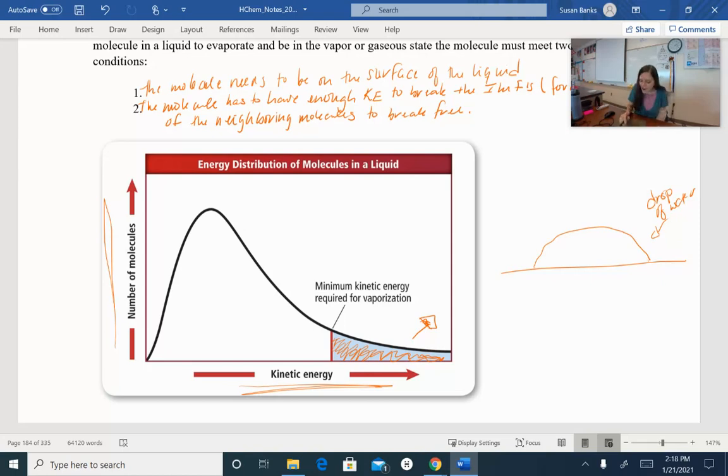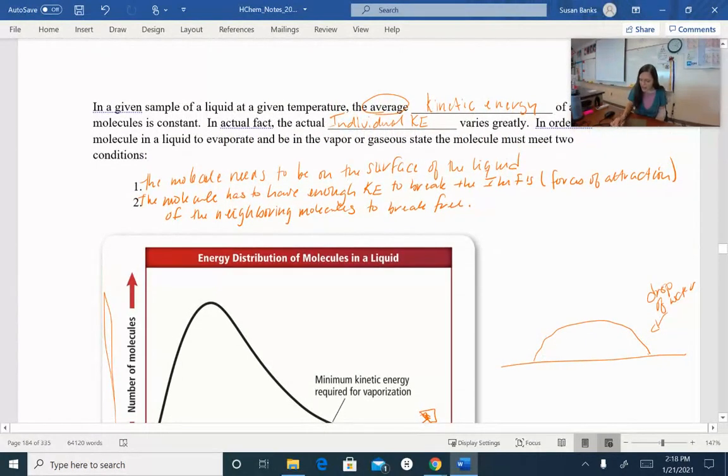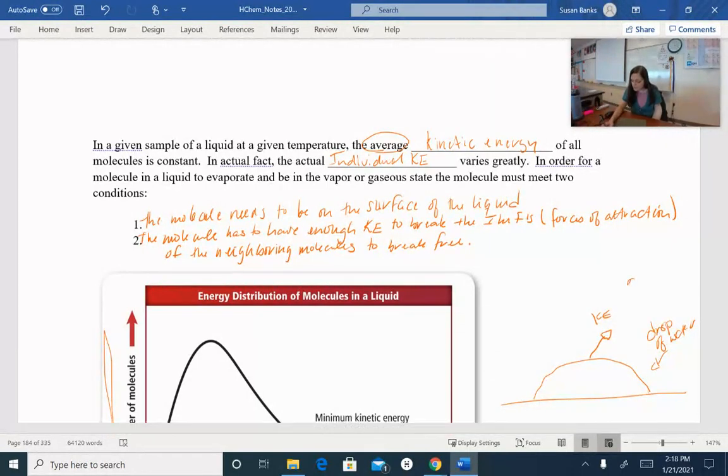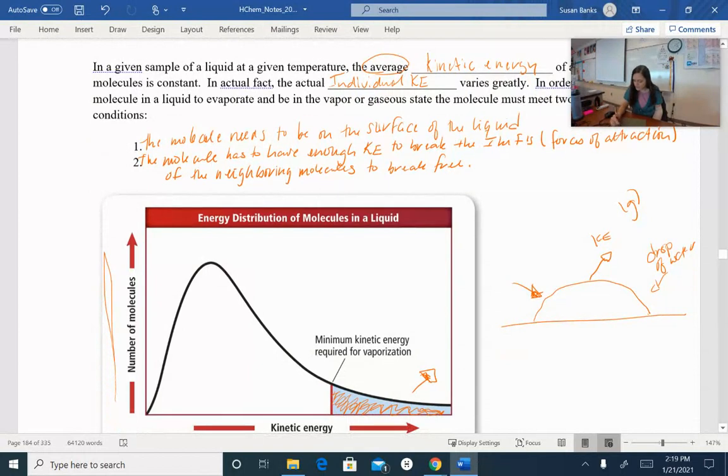So if the average kinetic energy of all molecules is constant, and I take one of these molecules that has enough kinetic energy to escape and it becomes a gas, what did it do to the average of the molecules still left? If I take this molecule away, isn't the average going to shift down a little bit further?